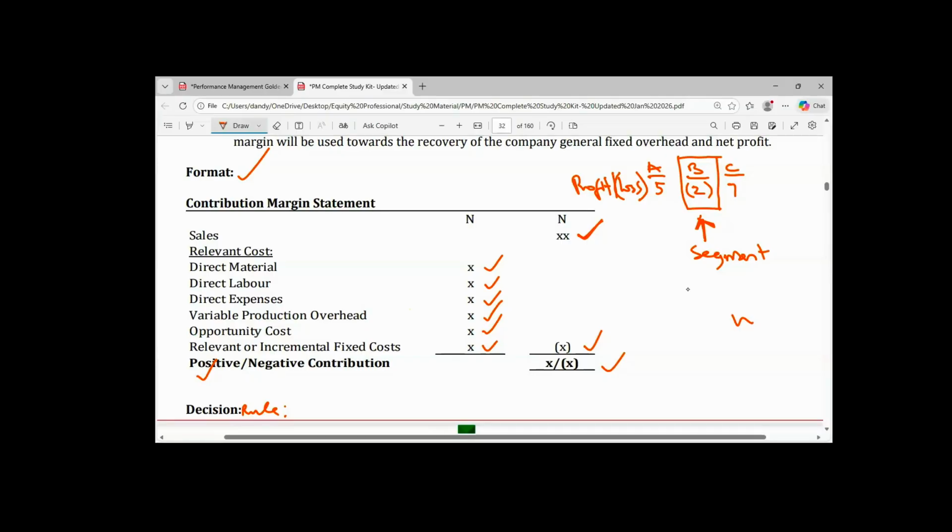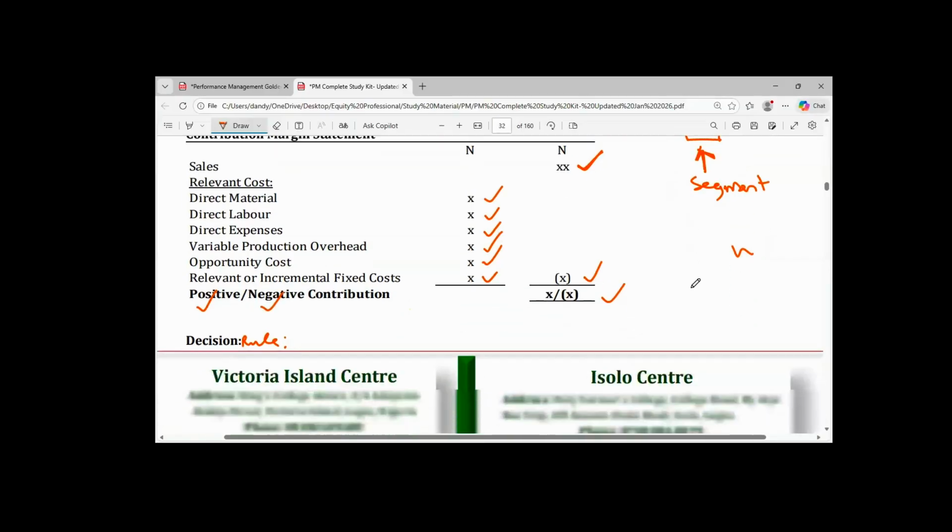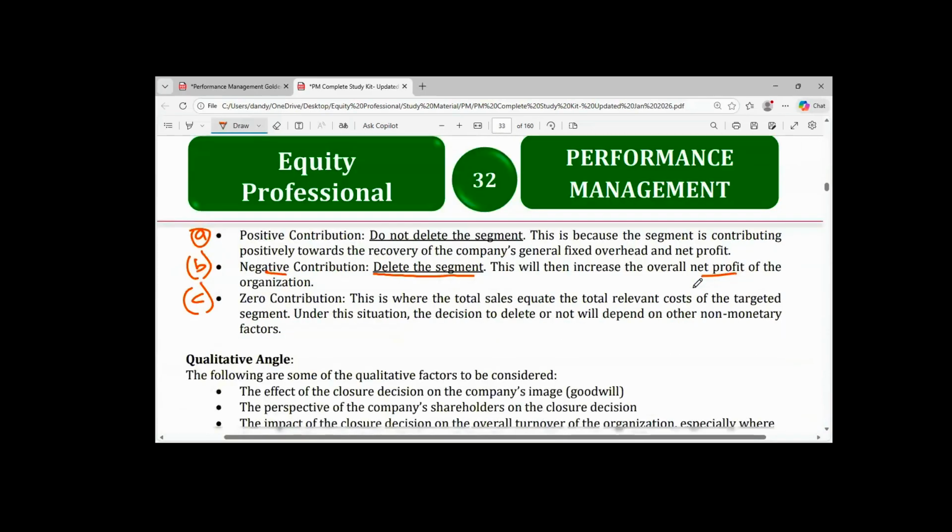And under deleting of a segment, you are supposed to analyze the segment from two different perspectives, the economic angle. In doing the economic angle, you compare the sales value versus the relevant cost of making the segment, whether it will produce a positive or negative contribution. All right. And we said that if it is positive contribution, don't delete the segment.